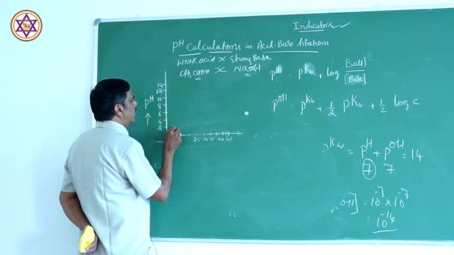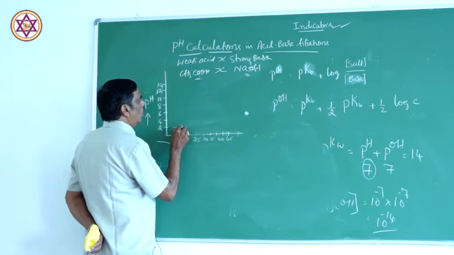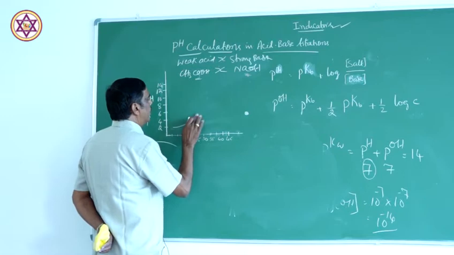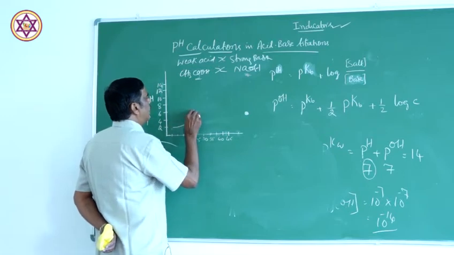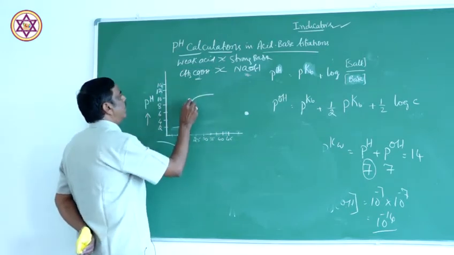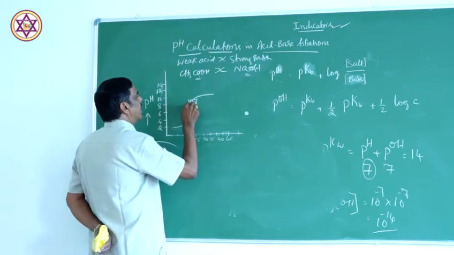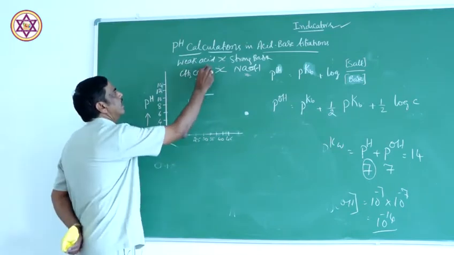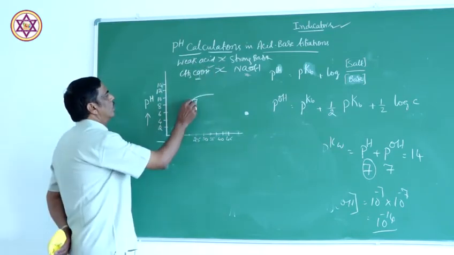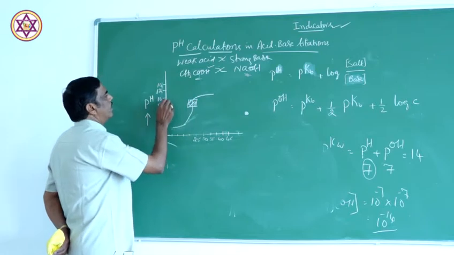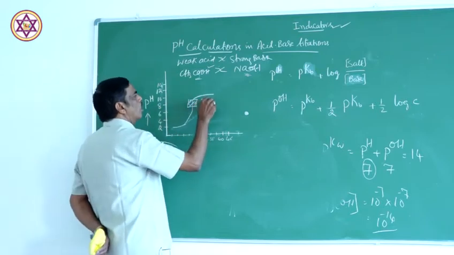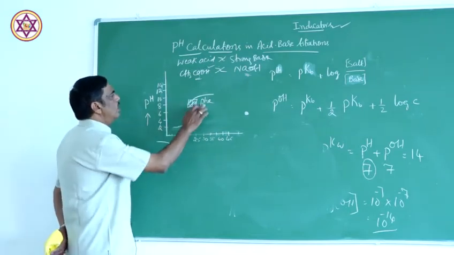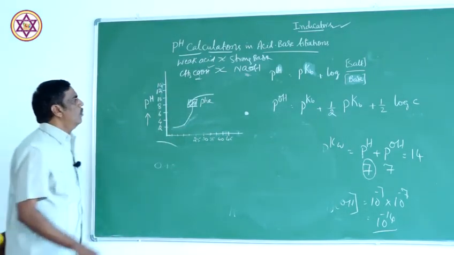In the beginning pH is 2, it slowly increases and when it comes to the neutral point, there is a sudden rise in the pH between 8 and 10. There is no rise in the pH less than 7 because the acid is weak. So only in this range, 2 units between 8 and 10, therefore you have to use phenolphthalein indicator in this titration.